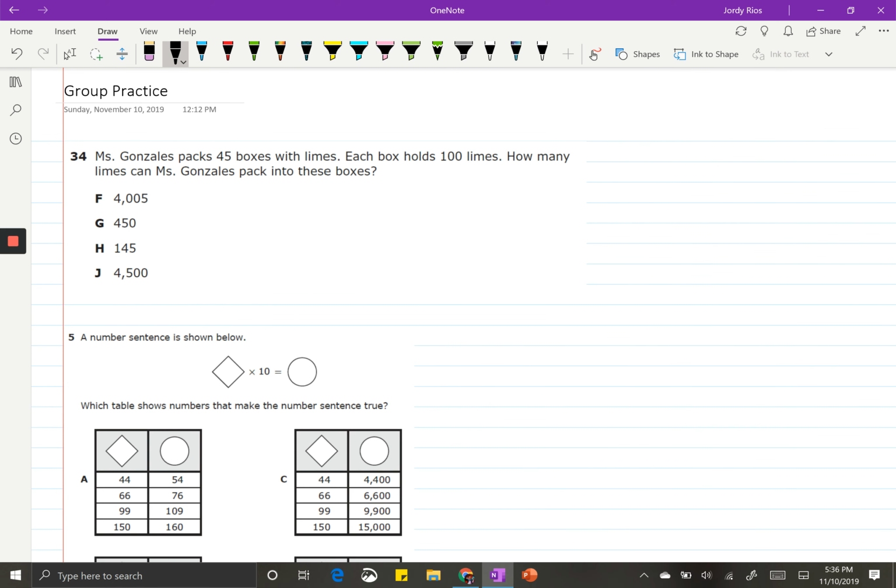Okay, so let's see where we're at. Ms. Gonzalez packs 45 boxes with limes. Each box holds 100 limes. How many limes can Ms. Gonzalez pack into these boxes? All right, so we have a word problem, so we need to do our problem solving board.